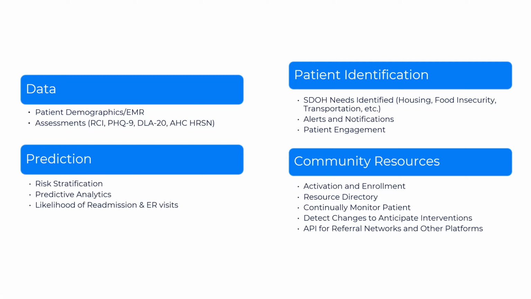And if you're continuously monitoring those types of things, then you can identify the changes and whether a patient or consumer needs different resources. Alerts and notifications can be available to you for that, and that just facilitates some patient engagement.